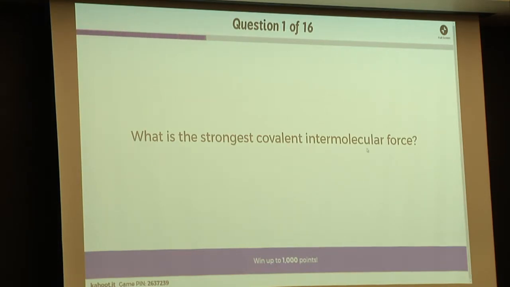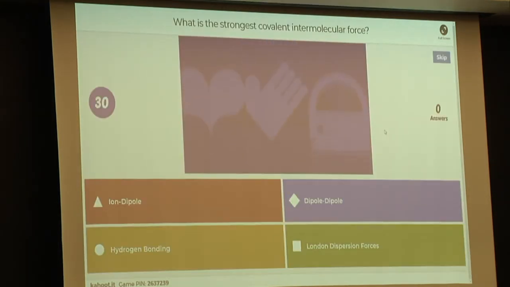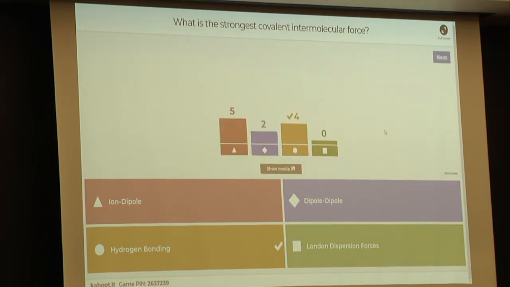Okay, what is the strongest covalent intermolecular force? Okay, so the key word here was covalent.